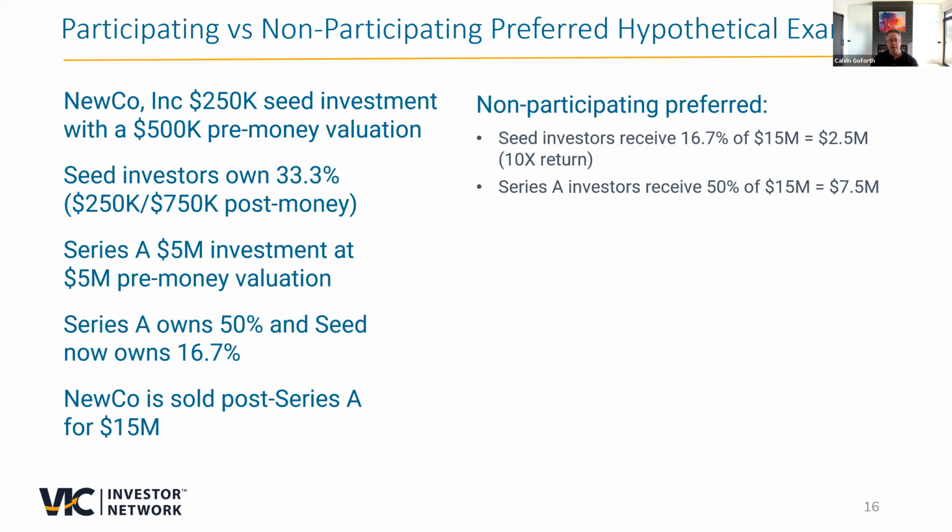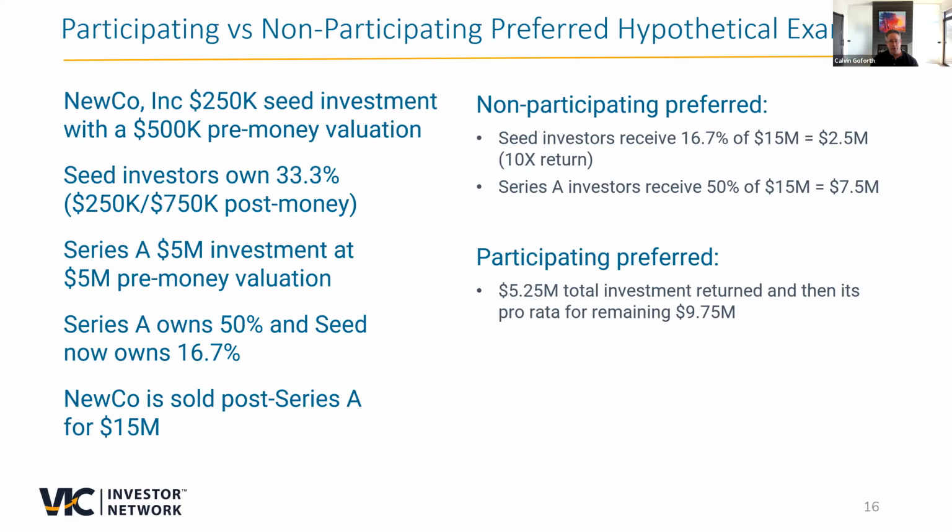For participating preferred, first the $5 million Series A plus the $250,000 seed investment is paid back, and then it's pro rata for the remaining $9.75 million.